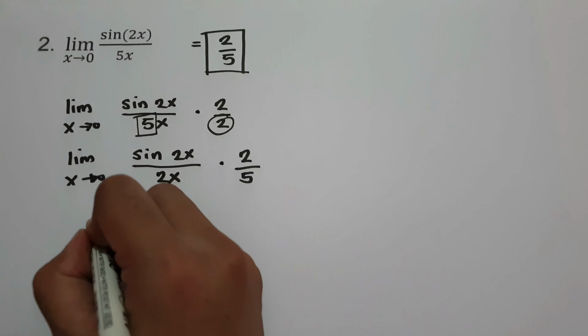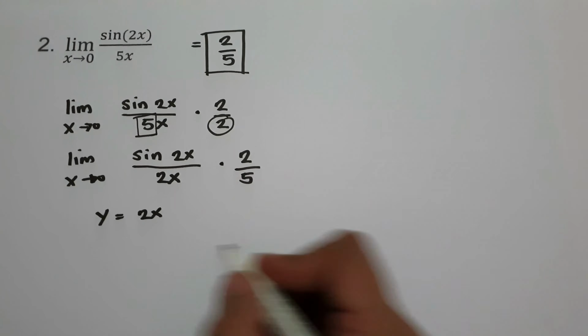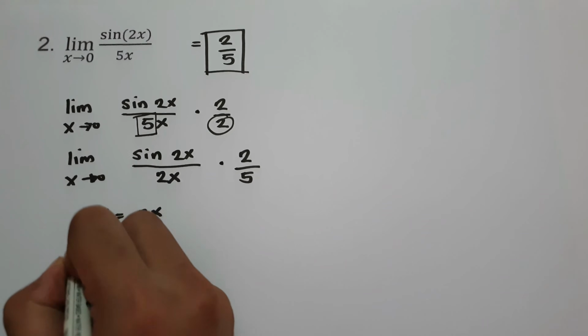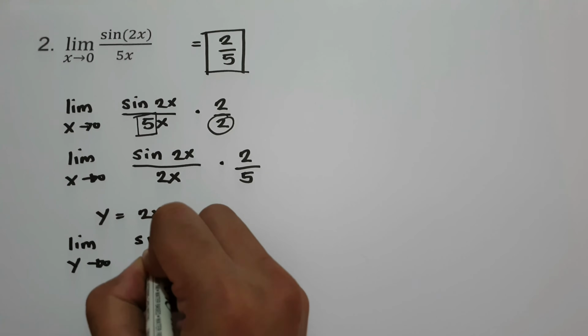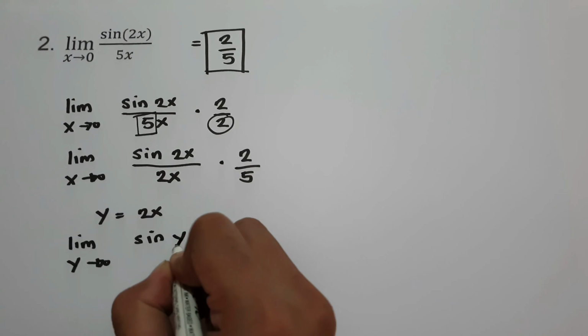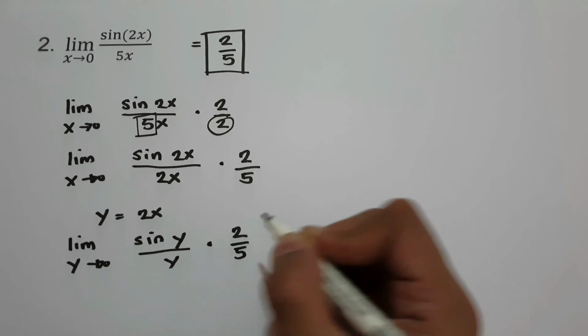And let us represent y as 2x. So let's have the limit as y approaches 0 of sine y over y times 2 over 5.